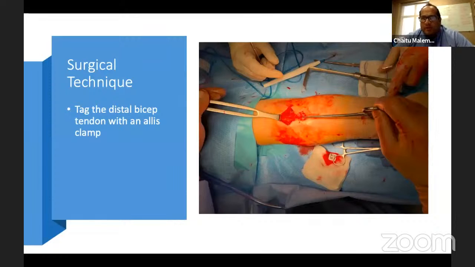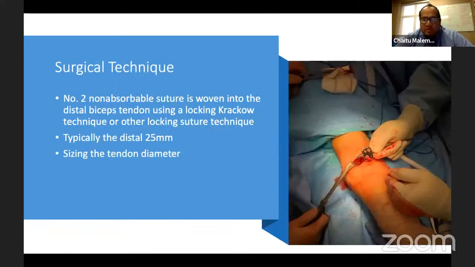So first, when we find that tendon, we typically tag it with an Allis clamp so that we can identify it, and then we remove any significant scar tissue so that it can easily be introduced into the socket that we're eventually going to make. And then I use a number 2 non-absorbable suture, and I use a locking Krackow technique or any locking stitch format.